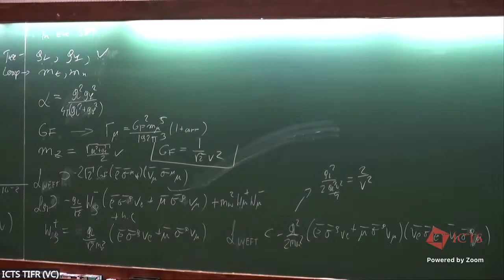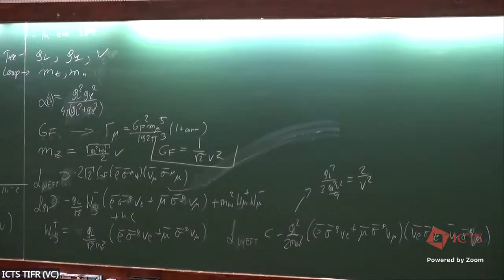Alpha depends on what? Scale, yes. So this is usually defined as alpha at 0. That's the quantity that is measured very, very precisely. Then what you need to do in practice is run it to MZ, and then alpha has a much bigger error, because in the running there are non-perturbative corrections.